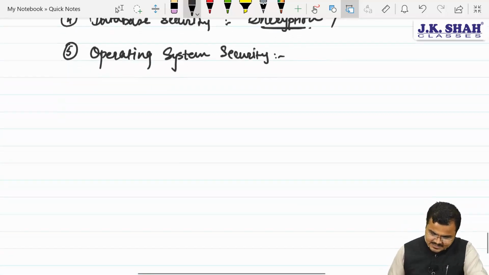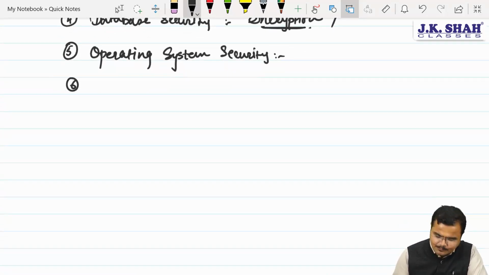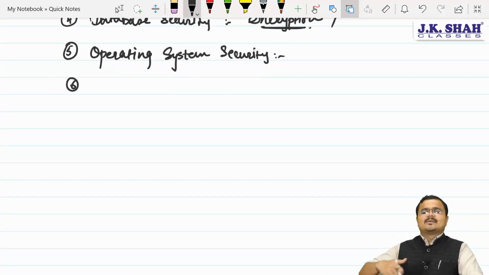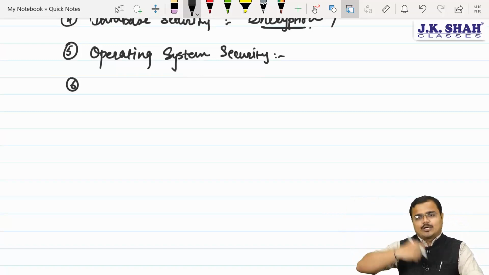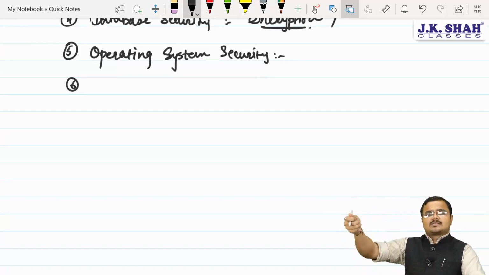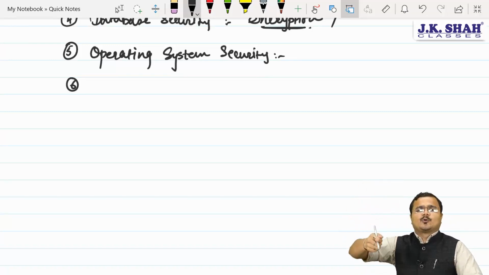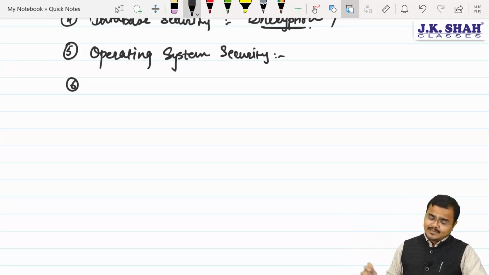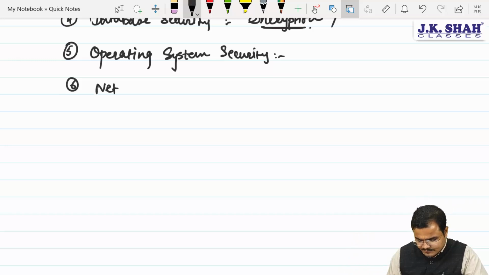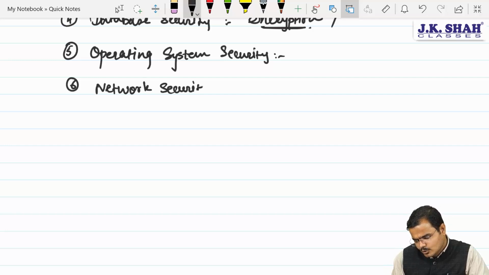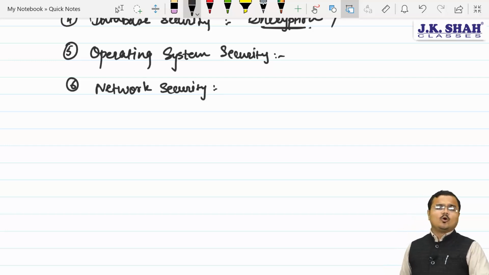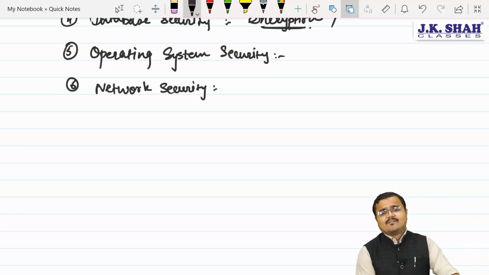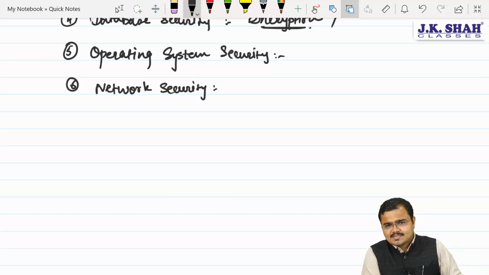Once the operating system is done, chartered, the very important one: this operating system is connected with some other system and they are sharing the data. So while sharing this data, we need to ensure that the data is protected from unauthorized access, and thereby we need to ensure what? Sir, network security. We need to see that there is no data privacy violation when the data is in transit.